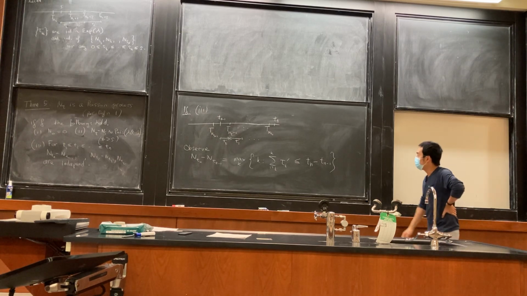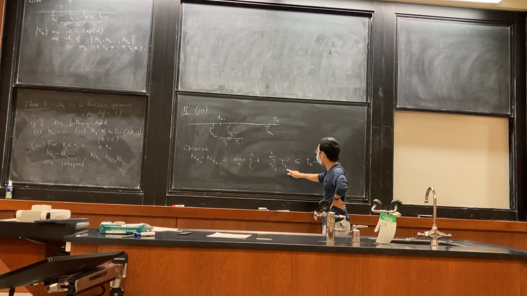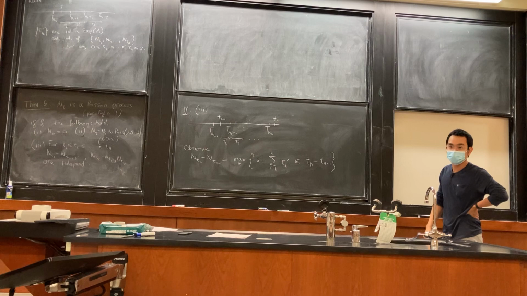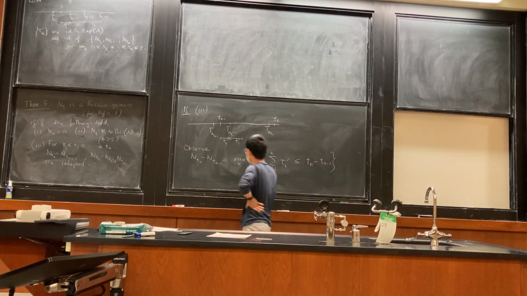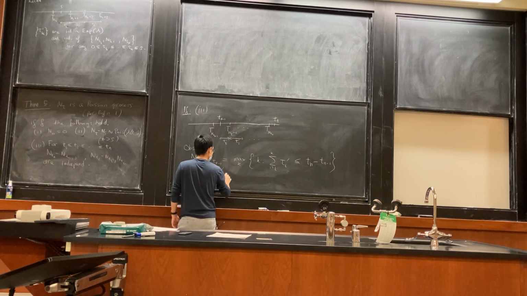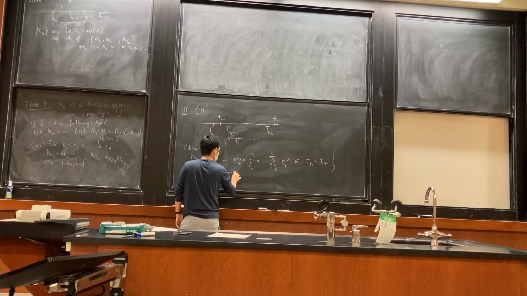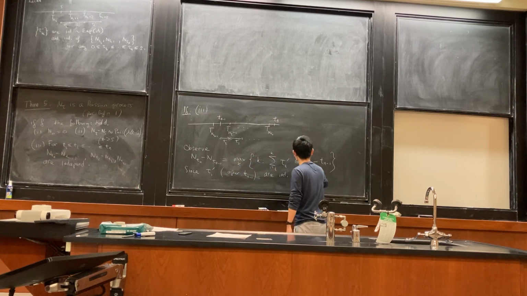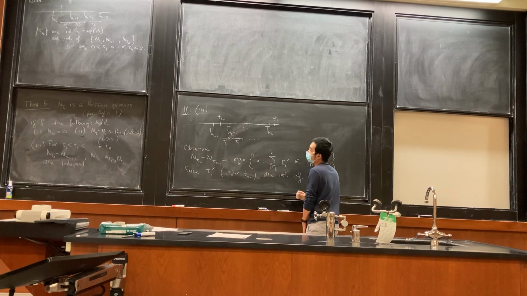And so because these tau_i prime here are independent of the past, right? So, since the tau_i prime, starting from after t(n-1), are independent of the collection, what collection?